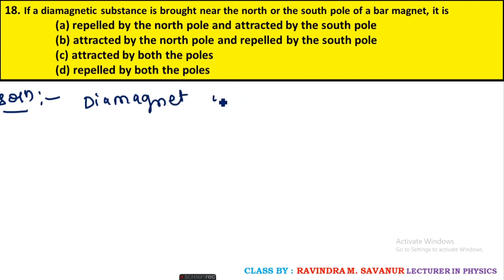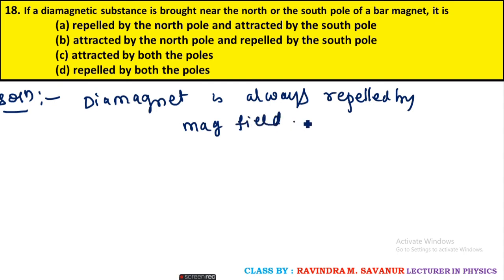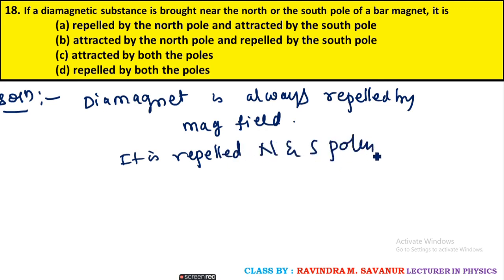And a diamagnet always has the property of being repelled by a magnetic field, so it will repel both the north as well as the south poles. Answer is yes. Yes, some students have given the correct answer. It is repelled by both the poles.